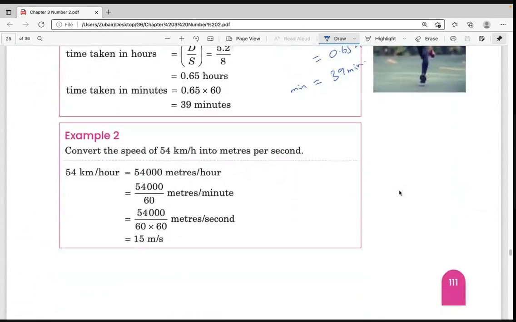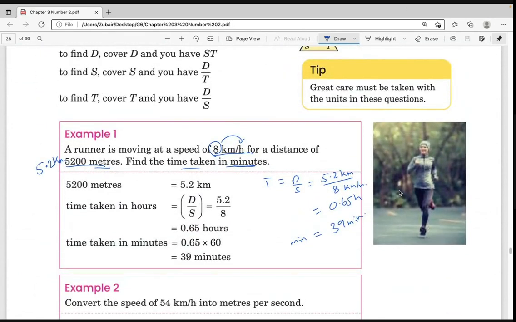Example number 2, convert the speed 54 kilometer per hour into meter per second. So this is 54 kilometer per hour. If I have to convert it into meter per second, 54 kilometer to meter, 1000, and 1 hour to second, into 60 will give me a minute, into another 60 will give me hours.